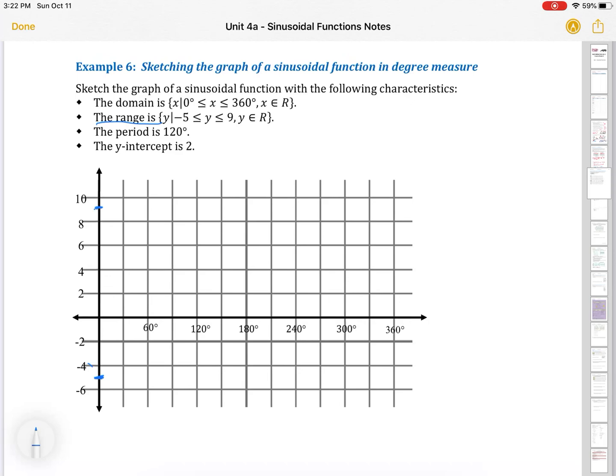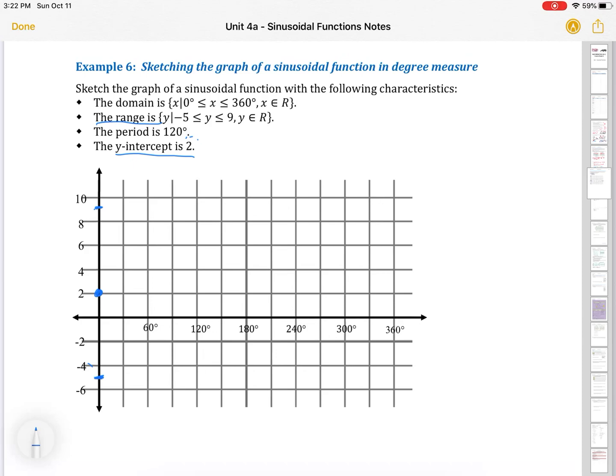Okay, so we know our top and our bottom. The period is 120 degrees, so our crests are going to be 120 degrees apart, and the y-intercept is 2. So that means we start at 2.